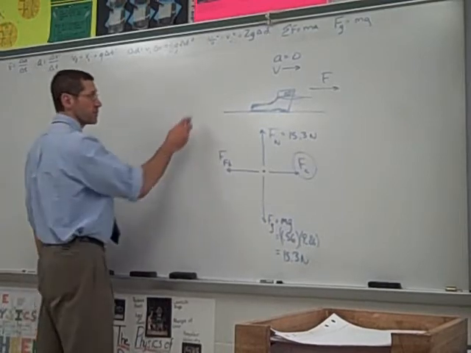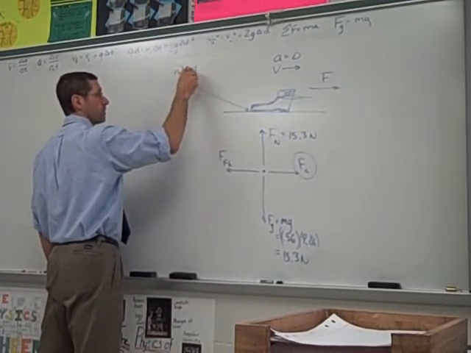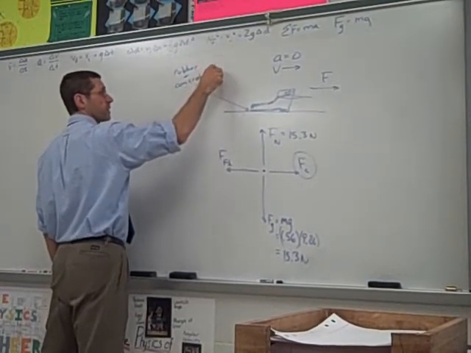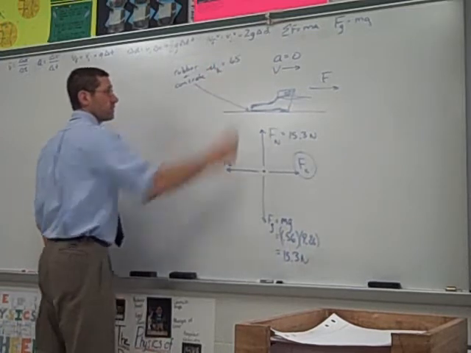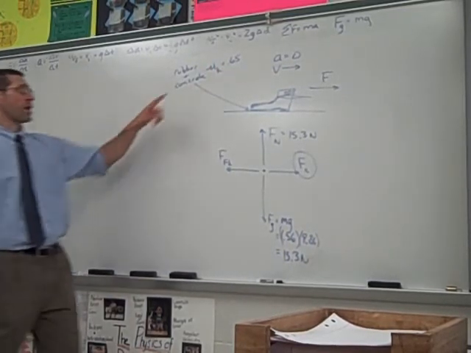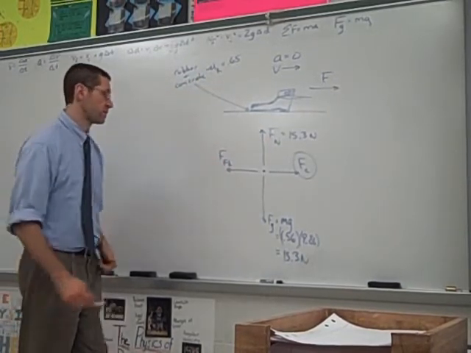The other piece of information we know is that between rubber and concrete, the coefficient of kinetic friction is 0.65, because that information is given. Knowing that and our normal force, we can find the friction force.